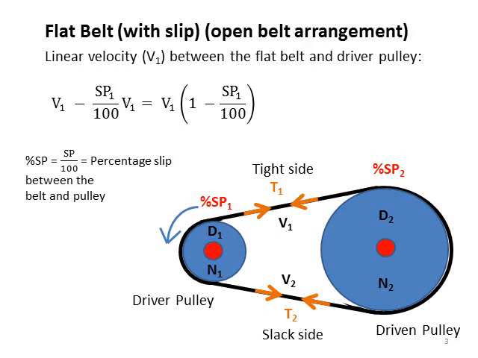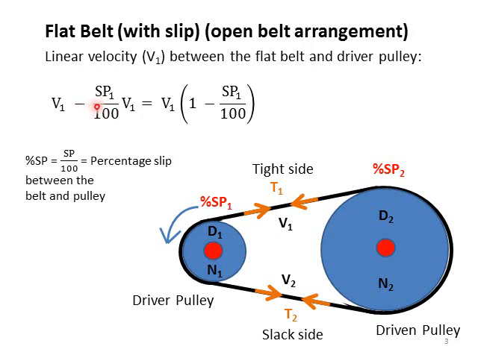So first, calculate the effective linear velocity between the belt and the driver pulley. As we know, V1 is the velocity of the belt relative to the driver pulley. However, due to the slip, this velocity will be reduced by the slip percentage times velocity V1.